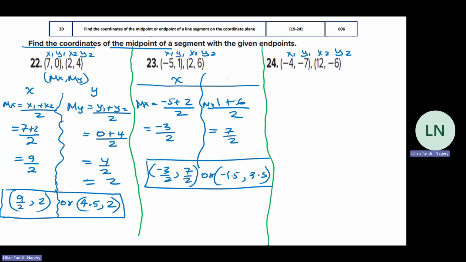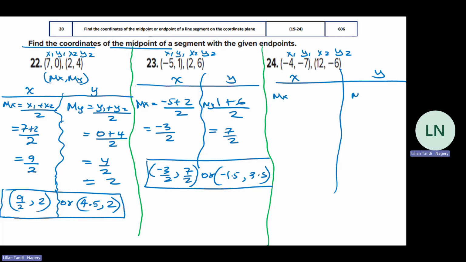Okay. So your answer can come as a fraction or as a decimal. This is x, this is y. So here x and here y, mx, my. Okay, negative 4 plus 12 divided by 2, negative 7 plus negative 6 divided by 2. This becomes 8 divided by 2, which gives me 4.